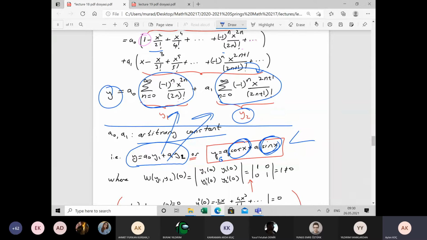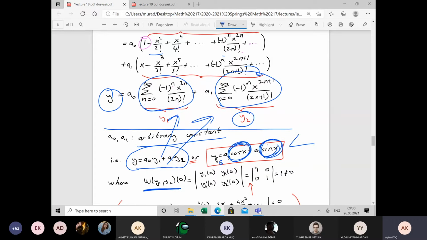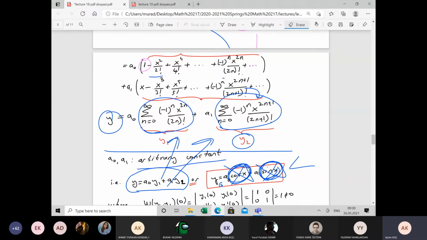And how do we check that this is fundamental? You have to compute the Wronskian at a point, and the ordinary point is 0 here. So y sub 1 and y sub 2 are cosine x and sine x, right here. Or, if maybe you don't know this, look at this line, omit this part.